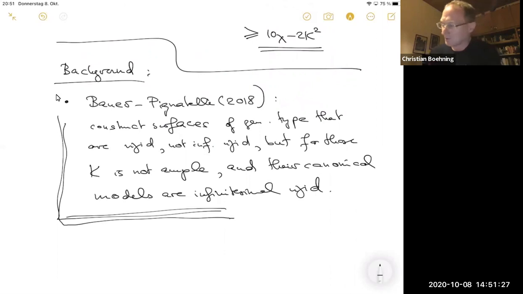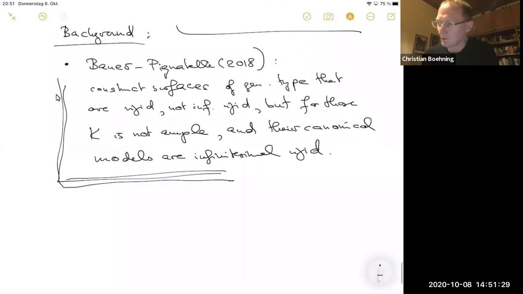So they use a theorem by Burns and Wahl to relate deformations of a canonical model, which is singular nodal in that case, and the deformations of the singularities and the deformations of a neighborhood of the exceptional locus of a resolution of the singularities with the deformation of the resolution surface.